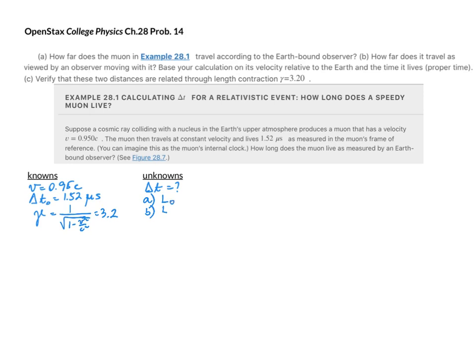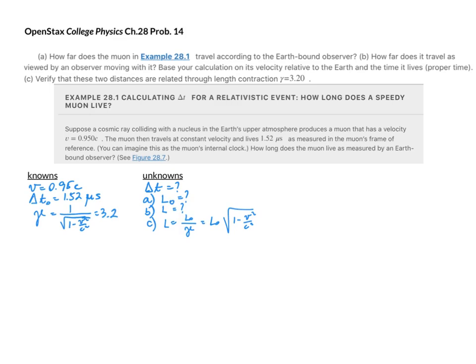So L naught is what we're looking for in part A, which leaves L, the contracted length, for part B. And we are told to base these calculations for both L naught and L on the time, the proper time or the dilated time. And then in part C, we have to verify whether by doing parts A and B, L is going to be L naught divided by gamma, or L naught times square root of 1 minus v squared over c squared.